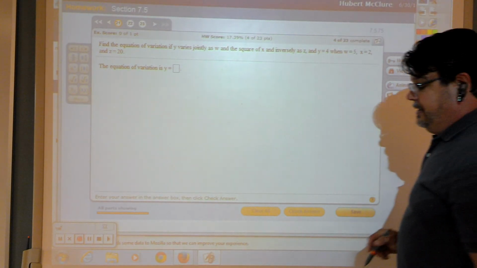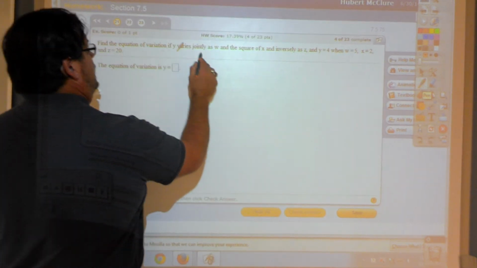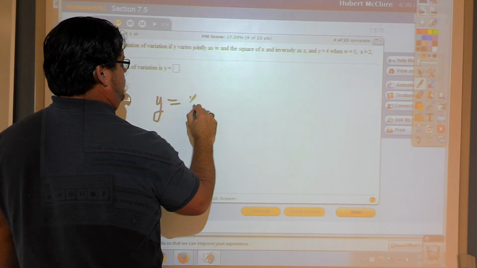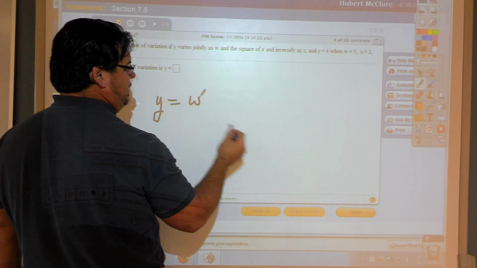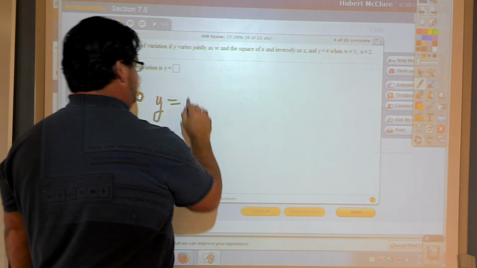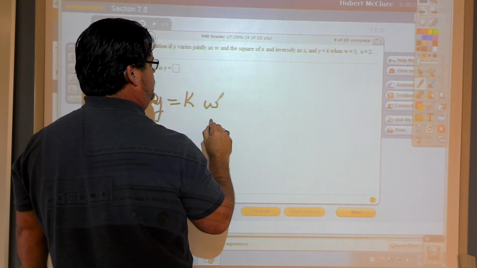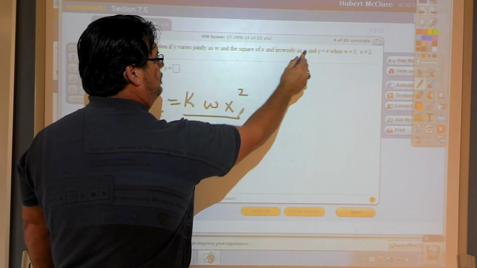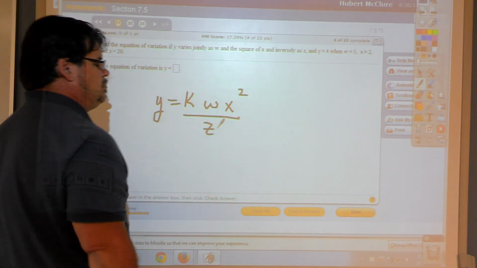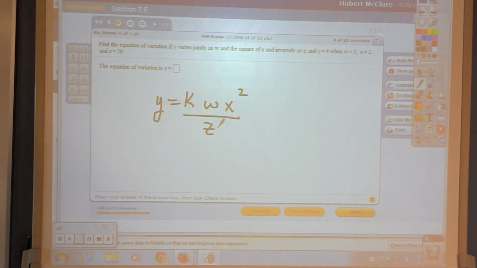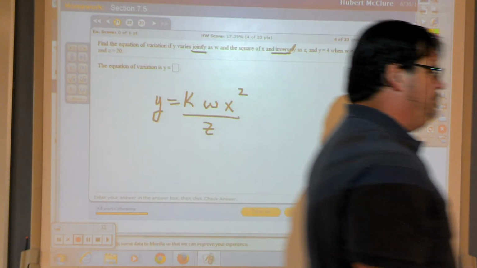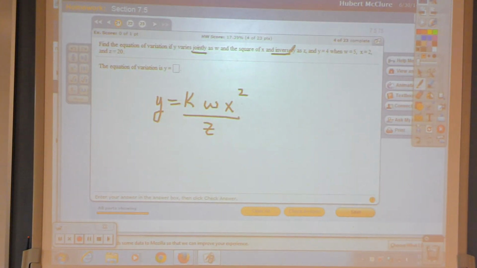I gave you most of it. Y is equal to, sorry, forgot k, k times w, x what? Square. Over z. This is the jointly, yep, jointly and what? Inversely. We use it for both. Yep, use them both. And this is called a combined.